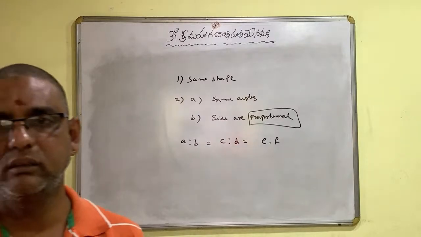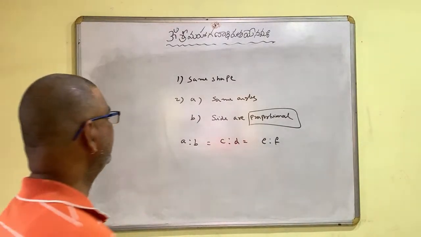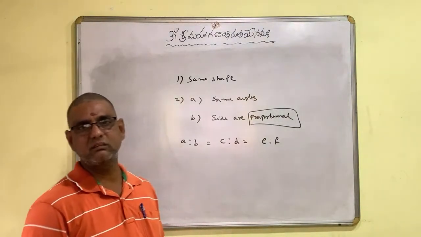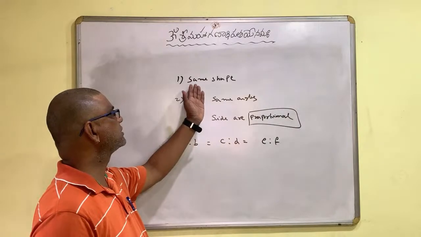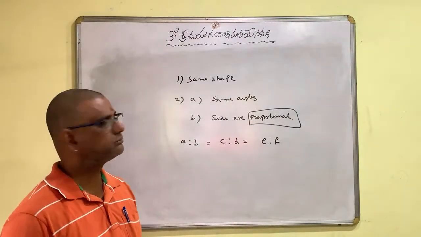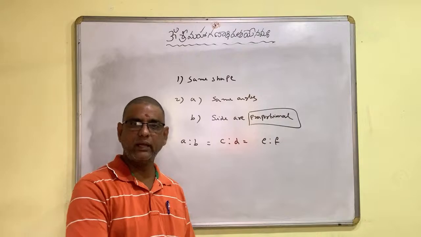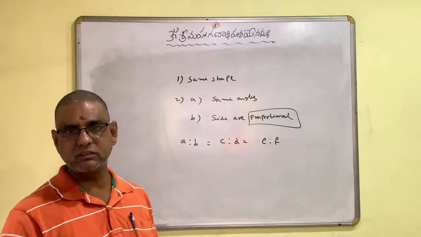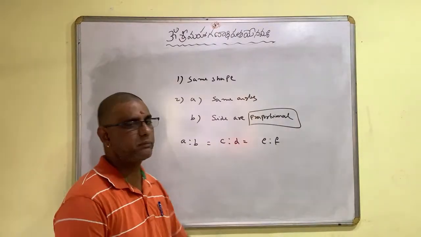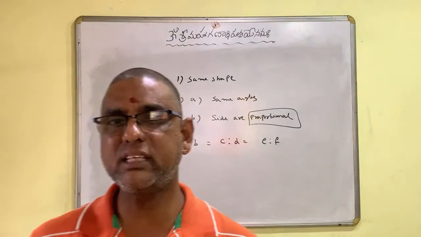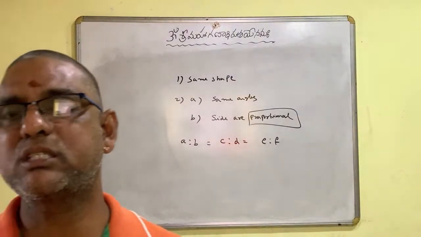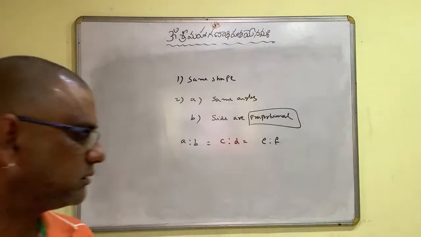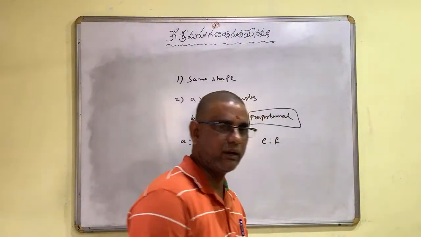Okay? So here, when we consider two triangles, since they are triangles, shape is same. And they must have equal angles. Both the triangles must have equal angles. And sides must be in the same ratio. The lengths of the corresponding sides must be in the same ratio. This is what we have to understand.